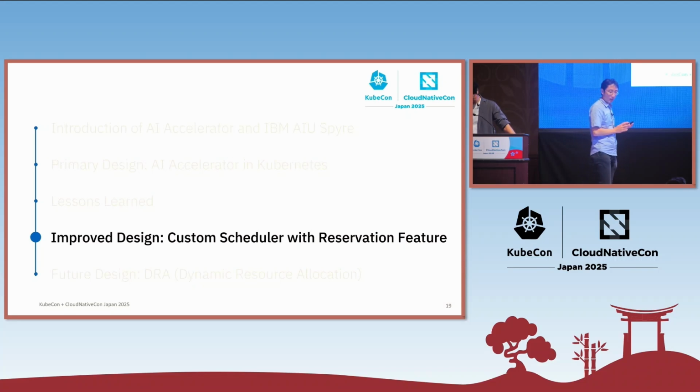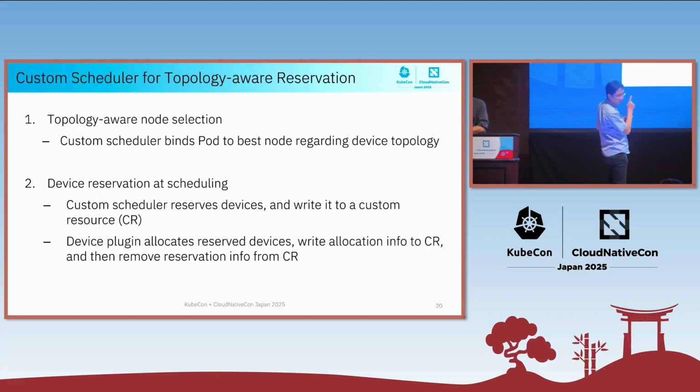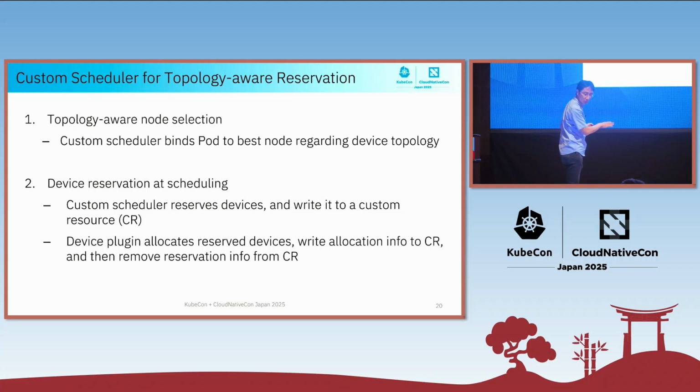Okay, from now, let me introduce the improved design based on our lessons learned. So we introduced a custom scheduler instead of the default scheduler, and it has a reservation capability. So why did we introduce the custom scheduler? There are two reasons.